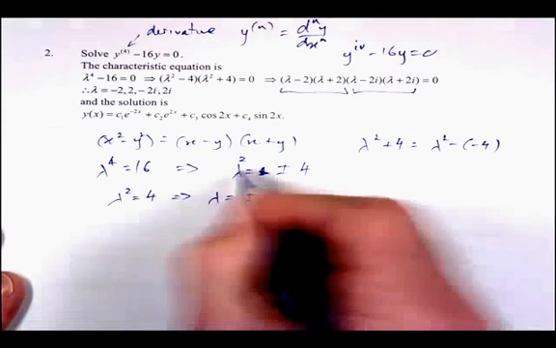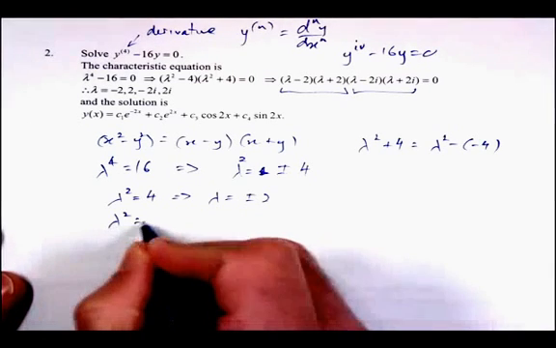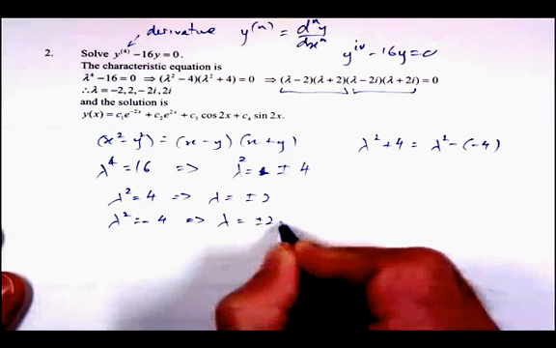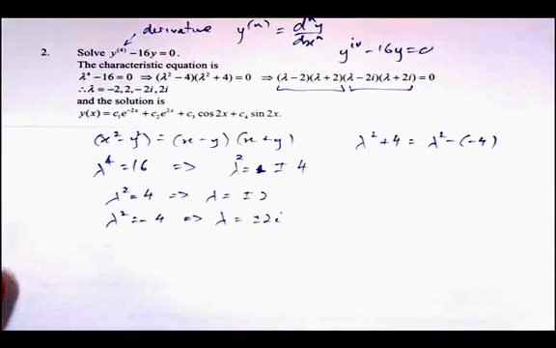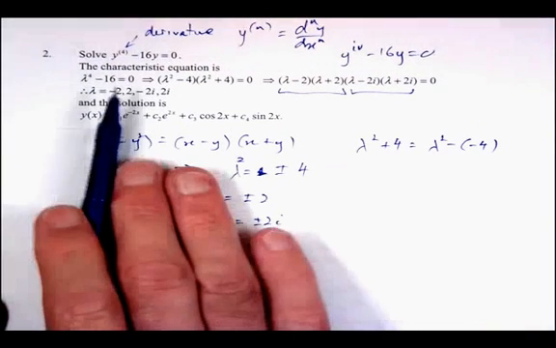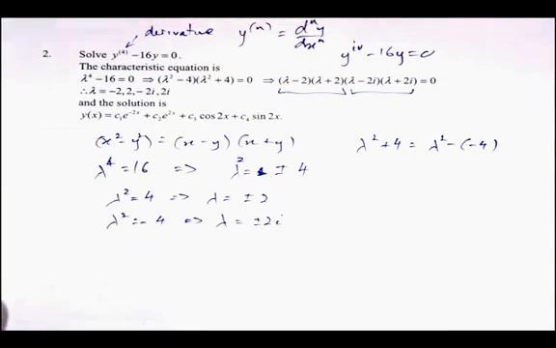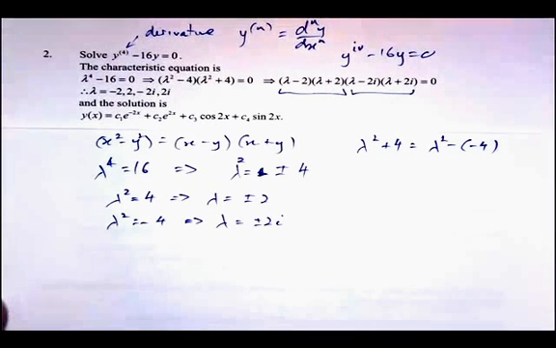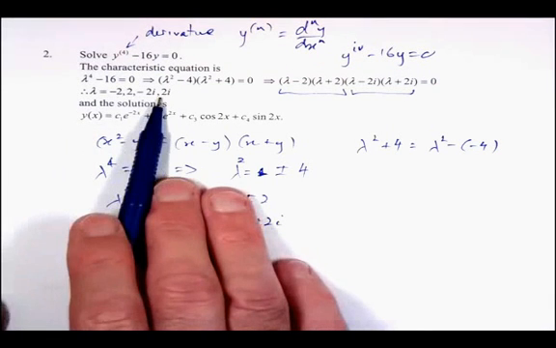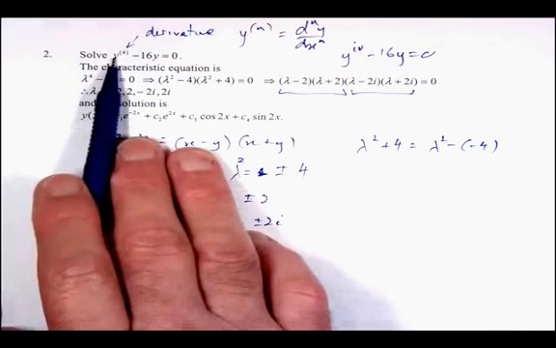Out of the second one, lambda squared equals minus 4, if you think about it, gives you lambda equals plus or minus 2i. Okay, so in all of the cases, you end up with these roots. So we get 4 solutions, which is what we want for the fourth order differential equation.